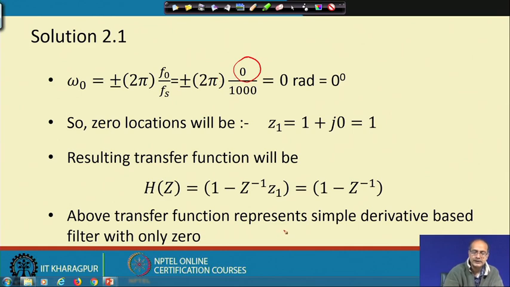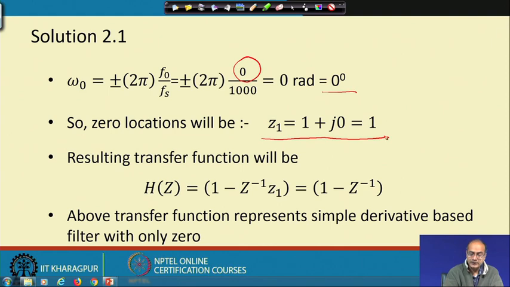So, we use the same formula as the notch filter, omega 0 equal to 2 pi f 0 by f s, and f 0 is replaced by 0, and thereby at 0 radian we get the zero location z 1 equal to 1 plus j 0, or equal to 1.